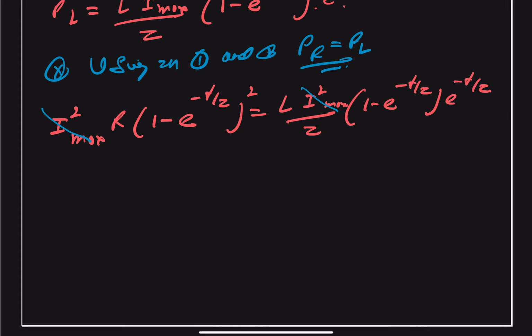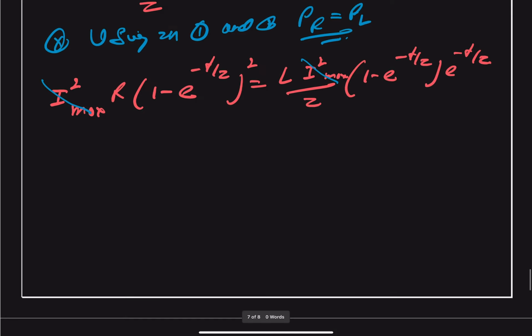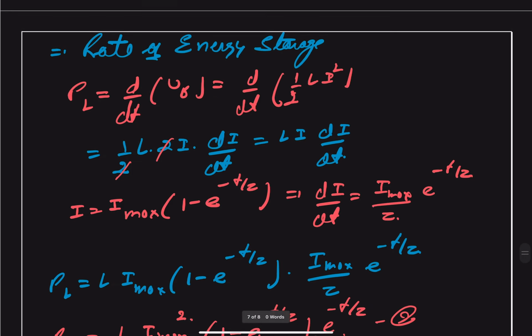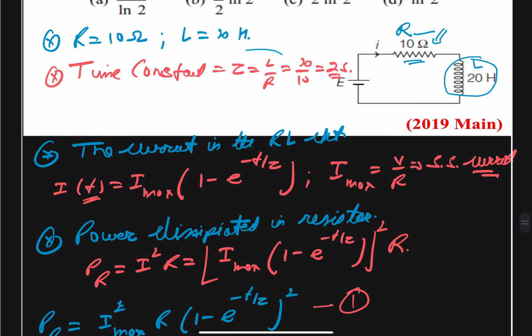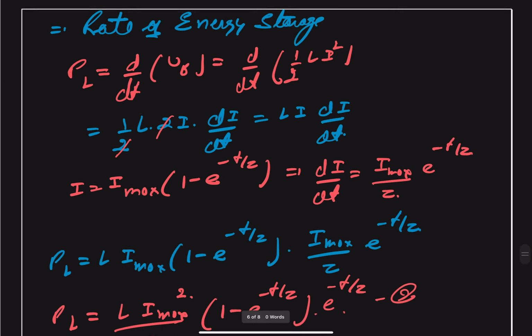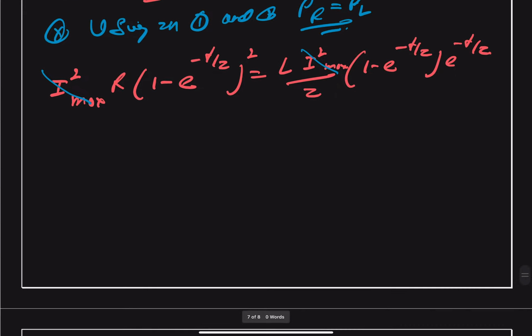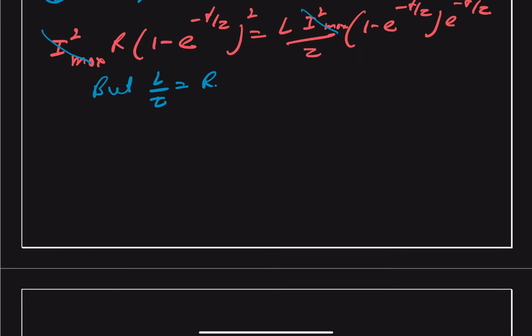Yes, we already know that our tau is L upon R. We already wrote it here somewhere. So we can say L upon tau is nothing but equal to R. So we substitute it also.